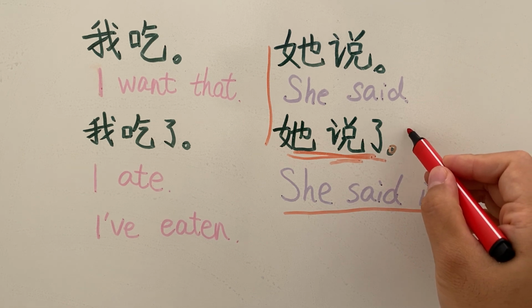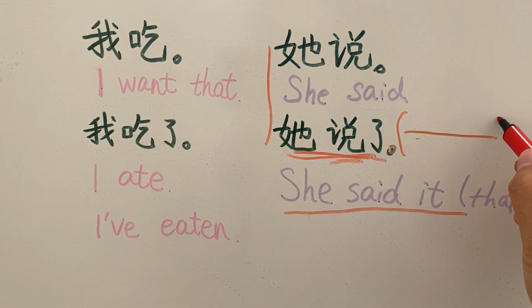Okay. The content will be added here. 她说了, she said what, right? She said it. She said that. She said what? Like in the situation, did he just say that he will be back in 10 minutes? Yes, he said it. He said it.